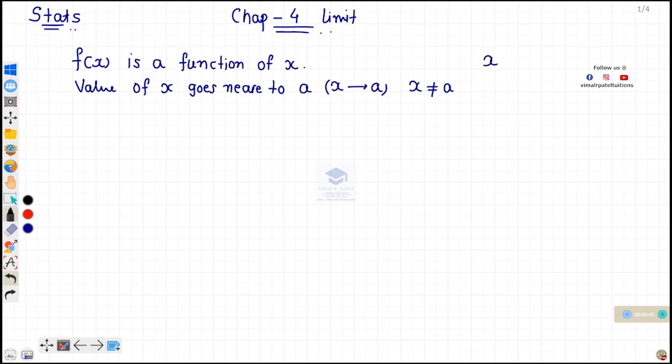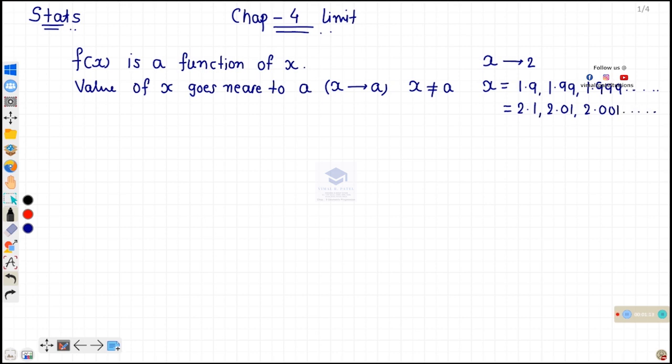Say, for example, x tends to 2 means x can be 1.9, 1.99, 1.999, or it can be 2.1, 2.01, 2.001.